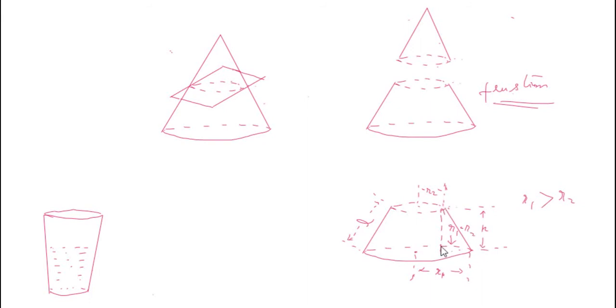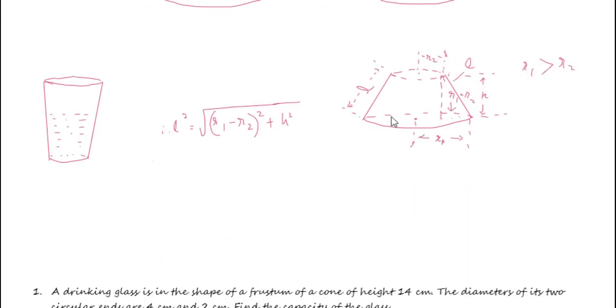This perpendicular height is h, and this distance is R1 minus R2, and the slant height is L. Therefore L square equals the sum of squares of the other two sides, that is (R1 minus R2) whole square plus h square. So this is the relationship between the slant height L, the radii R1 and R2, and the height h. We need to find out the surface area of this frustum and also the volume.